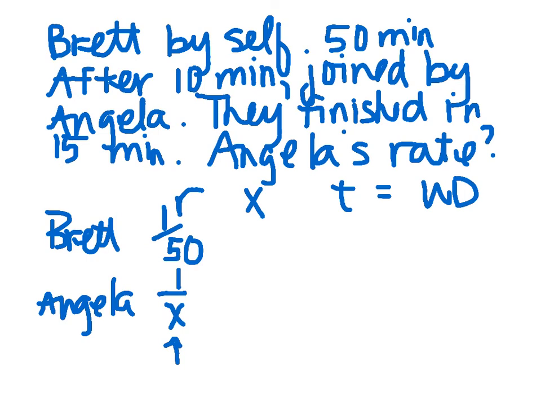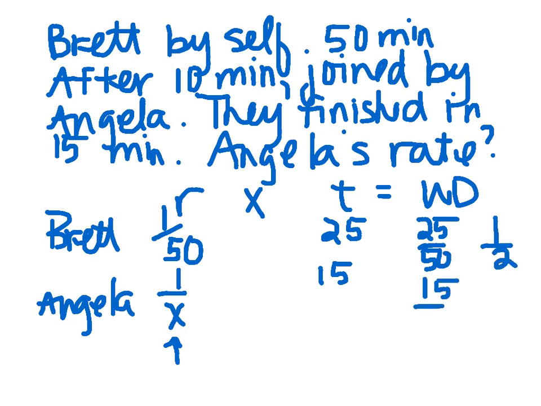So for a total, he's working 25 minutes. Angela's total minutes is 15. So Brett's work done is 25/50, or 1/2 of the job. Angela is 15/x. And the equation is 1/2 plus 15/x equals, you guessed it, 1, the whole job. Okay then, that's as much as I'm going to show you. You can solve the rest, and I think that you'll do fine with homework tonight.